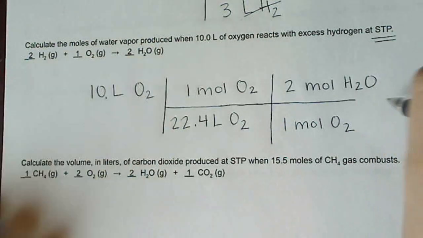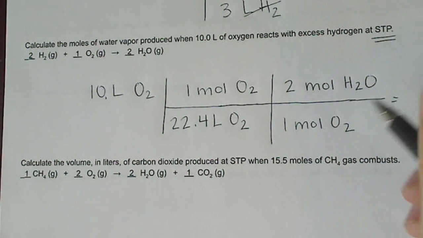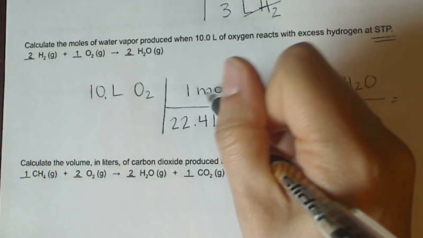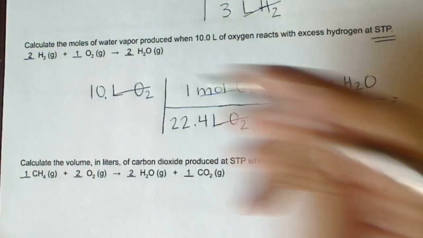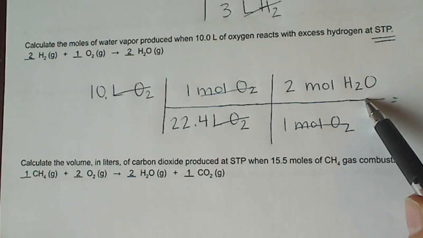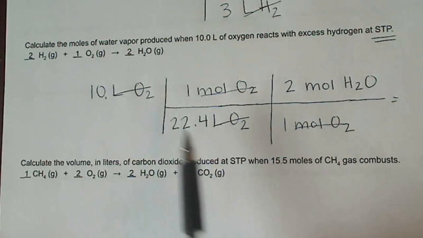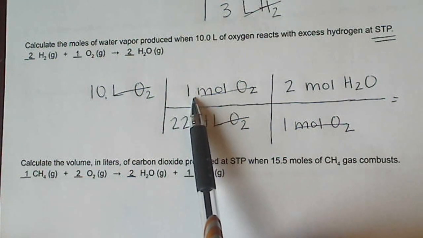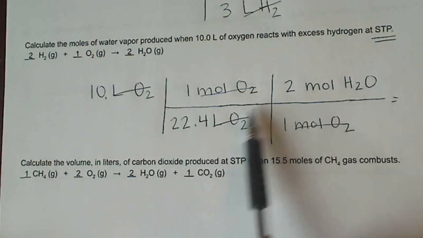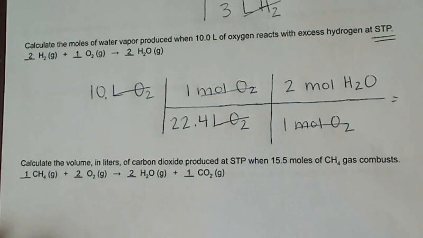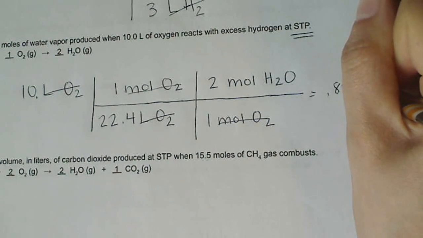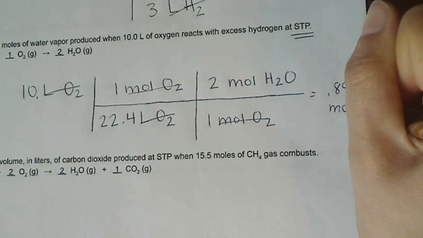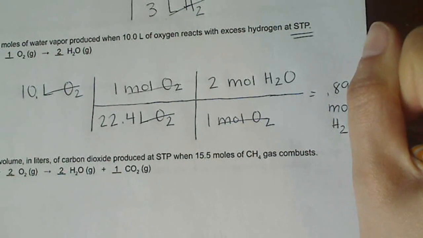You can see here my moles of oxygen have canceled out, and my liters of oxygen have canceled out, and I'm left with moles of water, which is what I want. So you're going to do 10 times 1 times 2 divided by 22.4, and that will give you 0.893 moles of water.